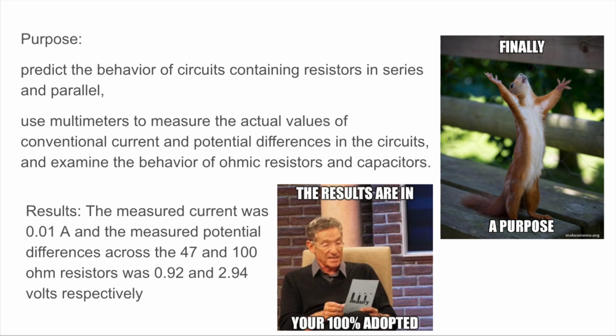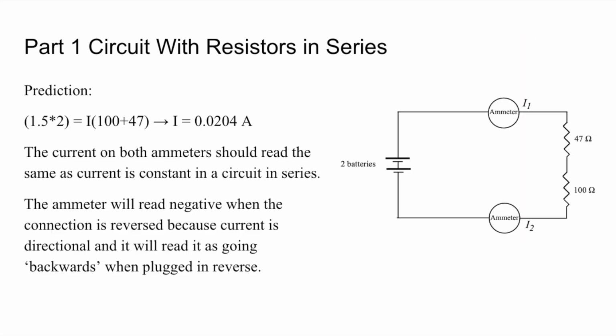A preview of our results: the measured current was 0.01 amps, and the measured potential differences across the 47 and 100 ohm resistors were 0.92 and 2.94 volts respectively. Our prediction for the current measured in locations I1 and I2 would be the same, as this is a circuit wired in series.